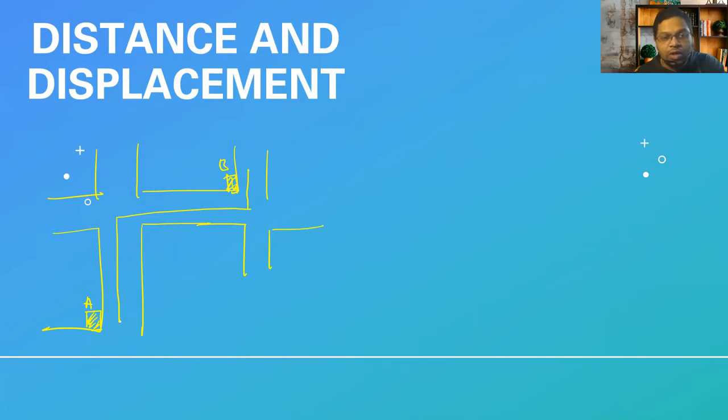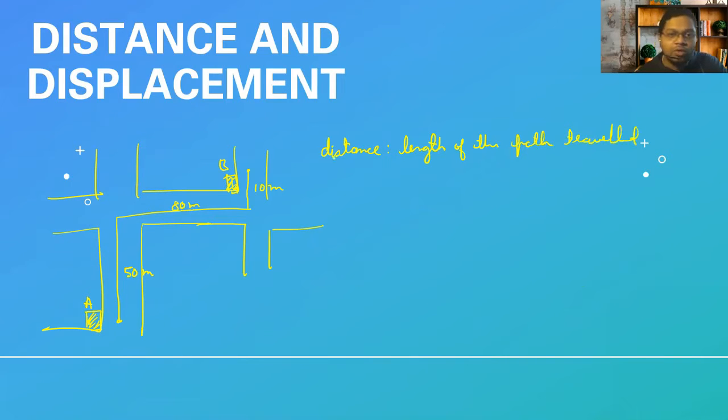So all that you walked or drove your car. Say for example, this is 50 meters, this is 80 meters, and this is 10 meters. So according to this chapter, when you're talking about distance, it is basically the length of the path traveled.